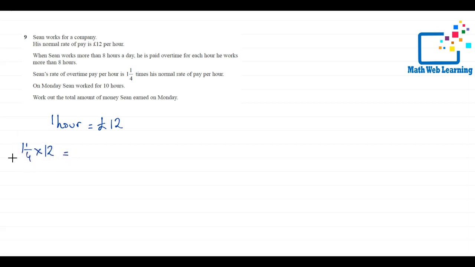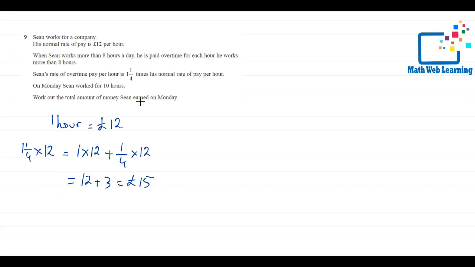In order to do this, you do 1 times 12 plus 1/4 of 12. 1 times 12 is 12. 1/4 of 12 is 3. You add them, so he gets paid £15 for any extra hour he does above 8 hours.